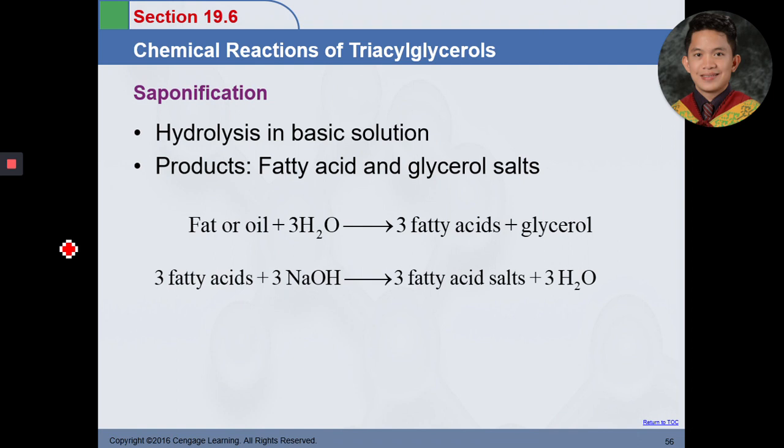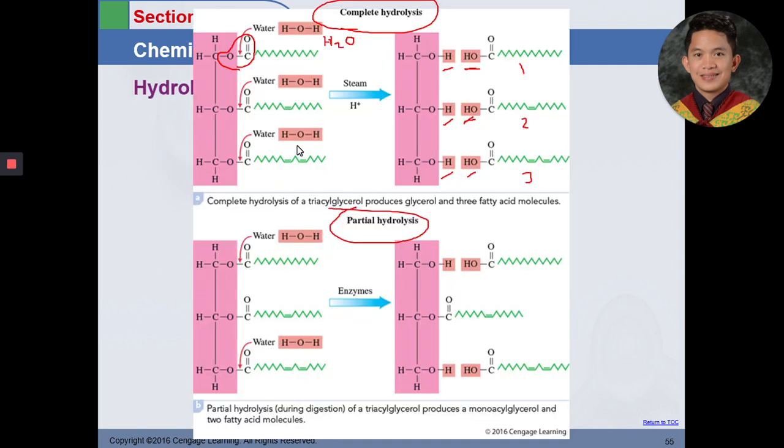Recall that the previous hydrolysis uses acidic solutions or is under acidic conditions, whereas saponification is under basic conditions. Now, if we are using basic solutions to hydrolyze our triacylglycerol, the products would actually be different.